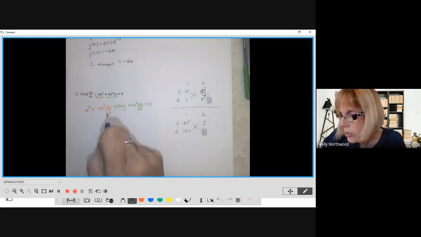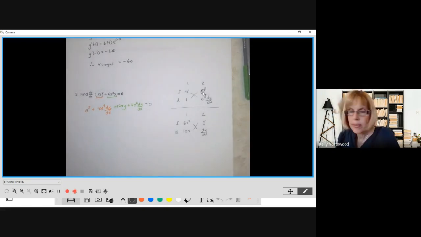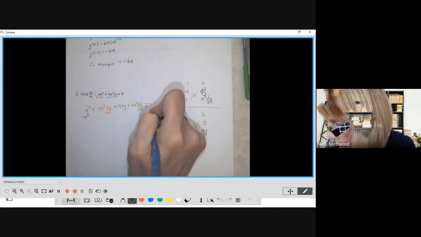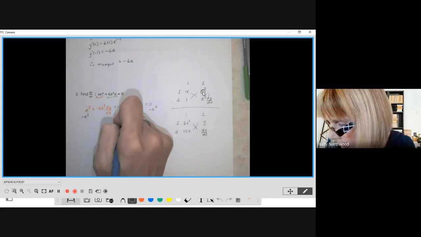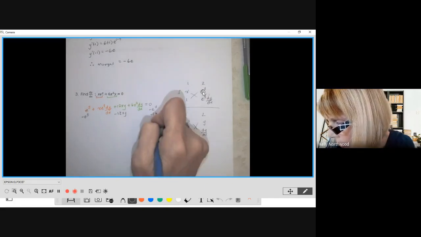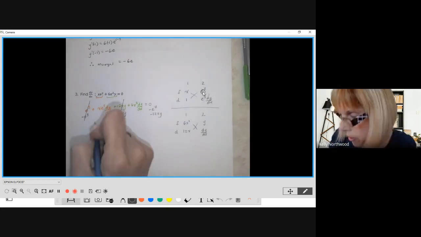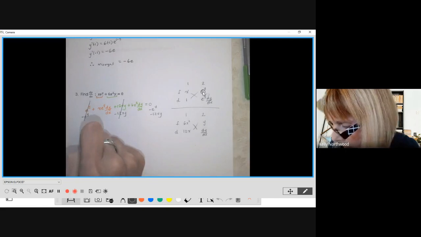So now I'm going to keep the terms that have dy by dx on the left side and subtract e to the y on both sides. And subtract 12xy on both sides. Common factor out dy by dx.